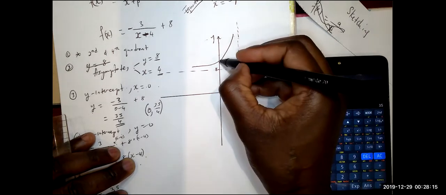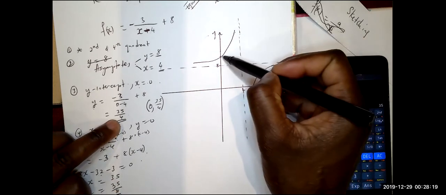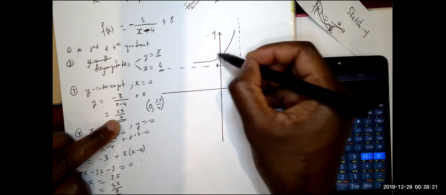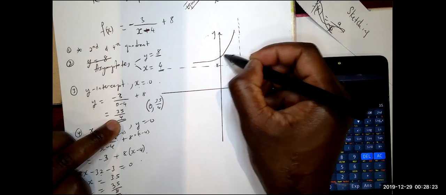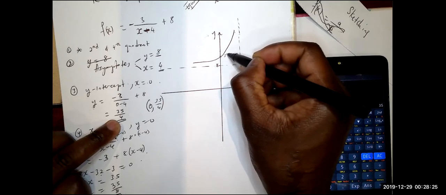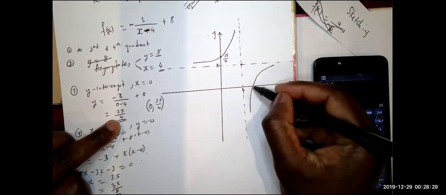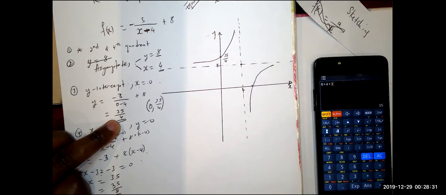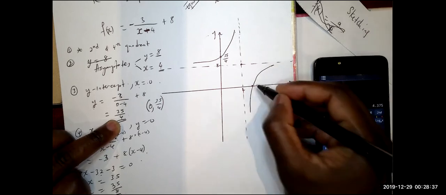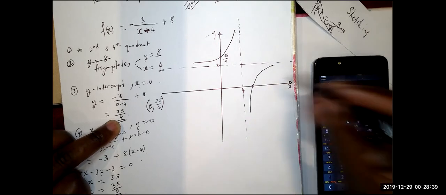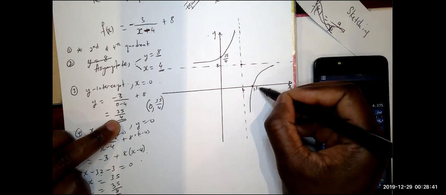And remember, we find the y-intercept. The y-intercept is (0, 35/4), sorry, 35 over 4. And what we have here is 35 over 8. If we say 35 divided by 8, we get 4 point something, so it's very close there. So it's 35 over 8 here.